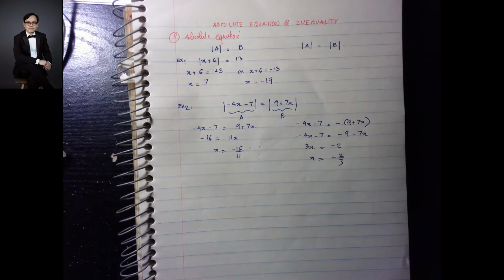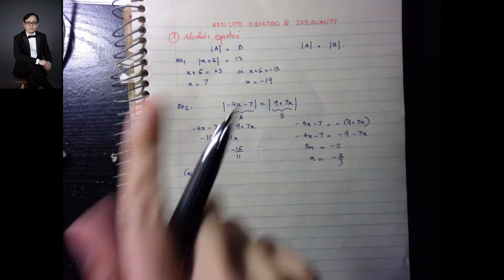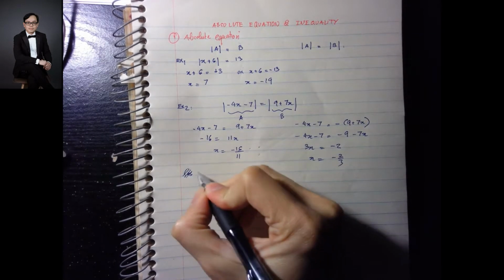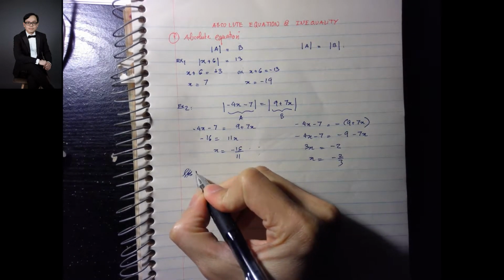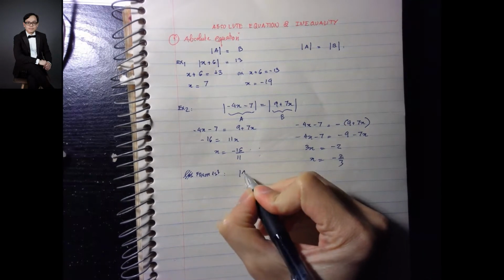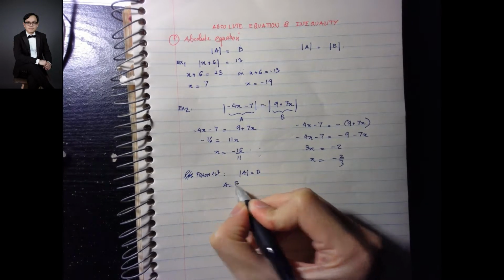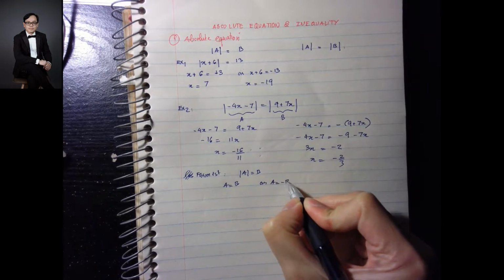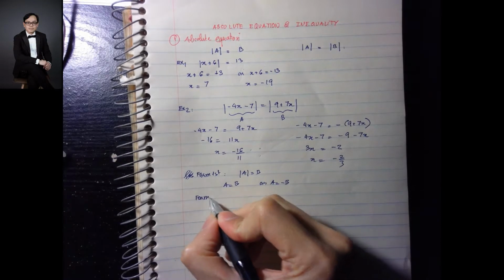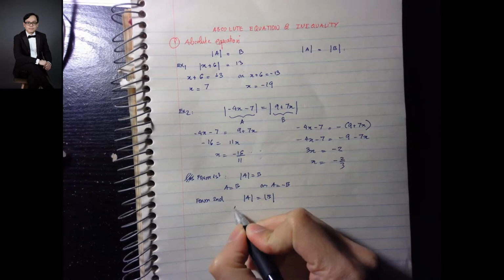The first form: absolute of A equals B, then I can split it up into A equals B or A equals negative B. The second form is absolute of A equals absolute of B, then A equals B or A equals negative B.